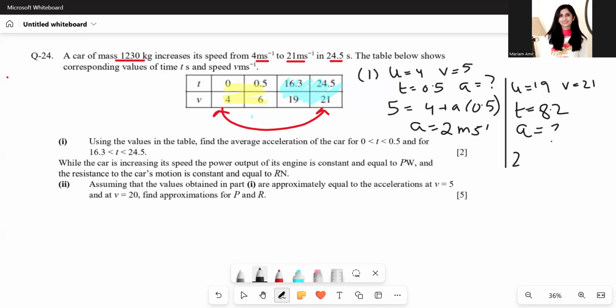Acceleration would be v is equals to u plus a times 8.2, which comes out to be 0.2439.